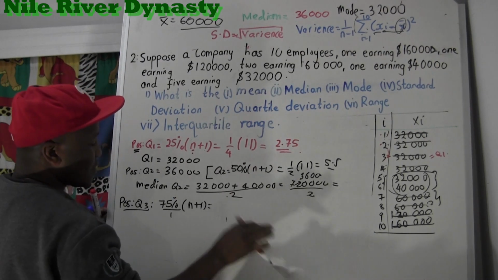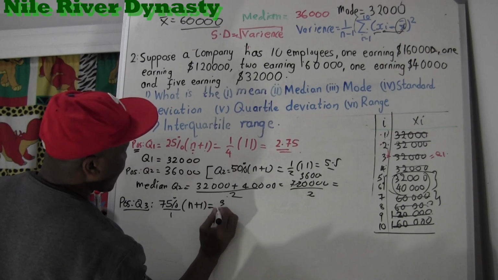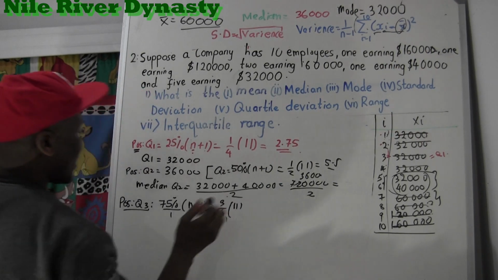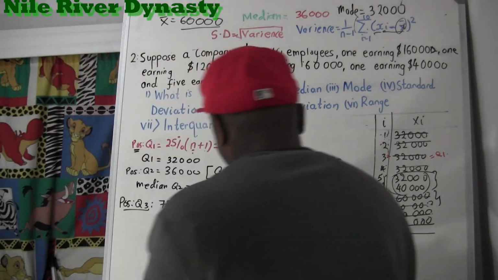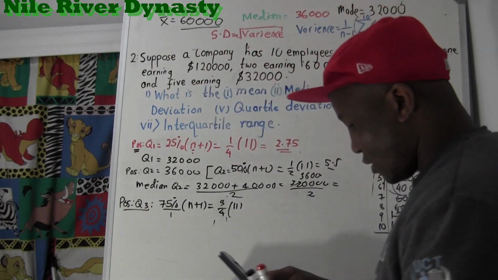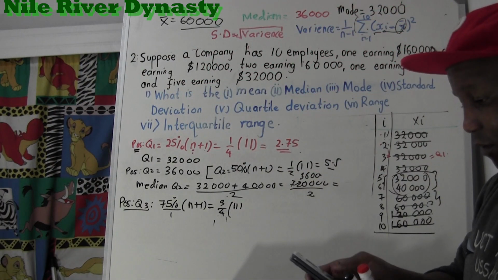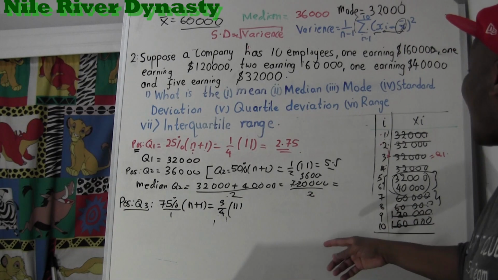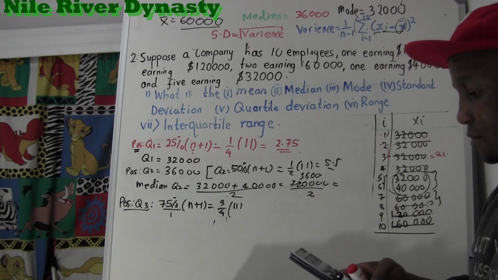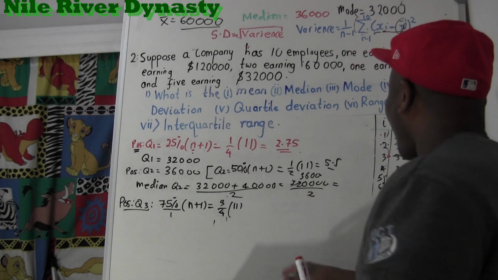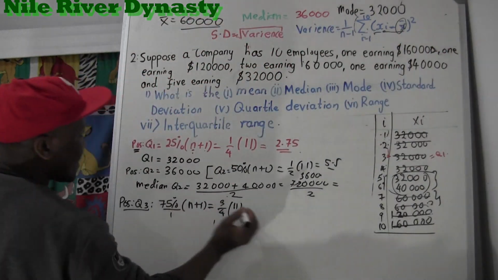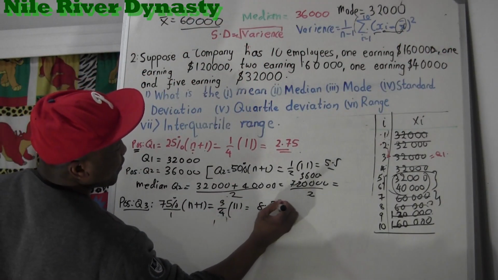Then 10 plus 1 is 11. So take the calculator, 3 over 4, and plug in your number, 11. We get 8.25, so the position of quartile 3 equals 8.25.